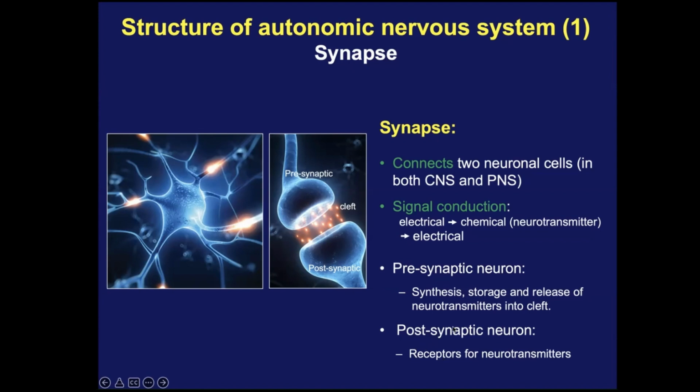And the post-synaptic neuron, or target cell, expresses the receptors on the cell membrane so they can respond to the presence of the neurotransmitters. And when the transmitters bind to the receptors, they will regulate the activity of the second cell, for the regulation of the function of the second cell.